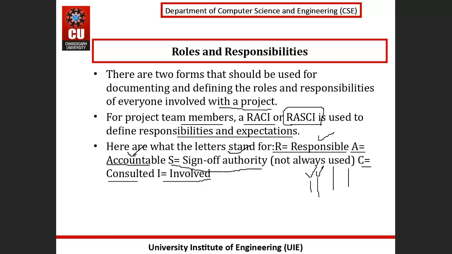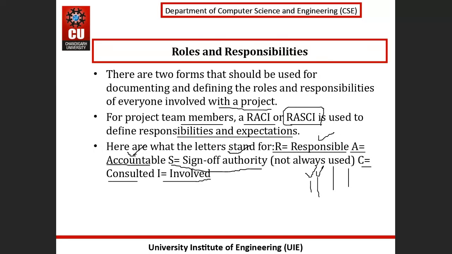Sign of authority is the person who signs the documents, we can say, or the manager, or the CEO of any organization, who has the authority to sign the documents.